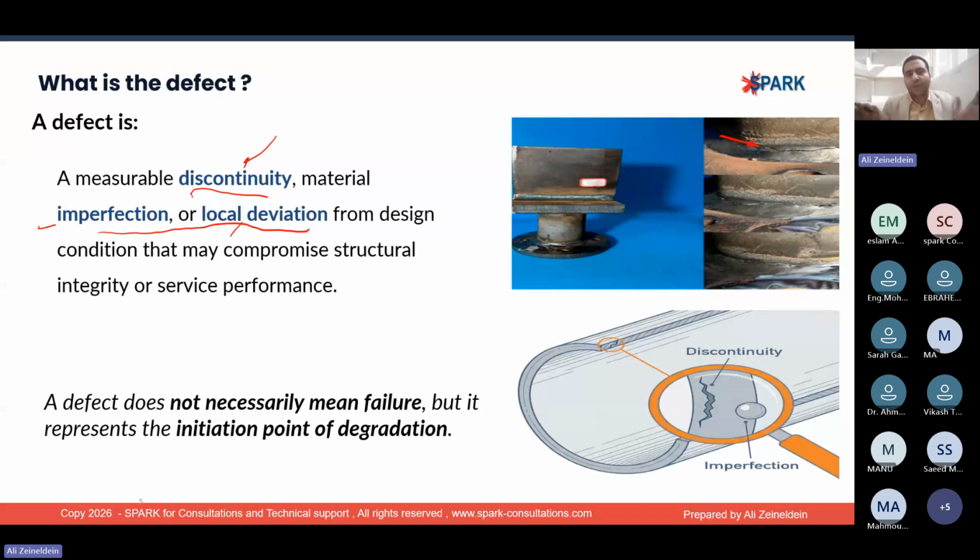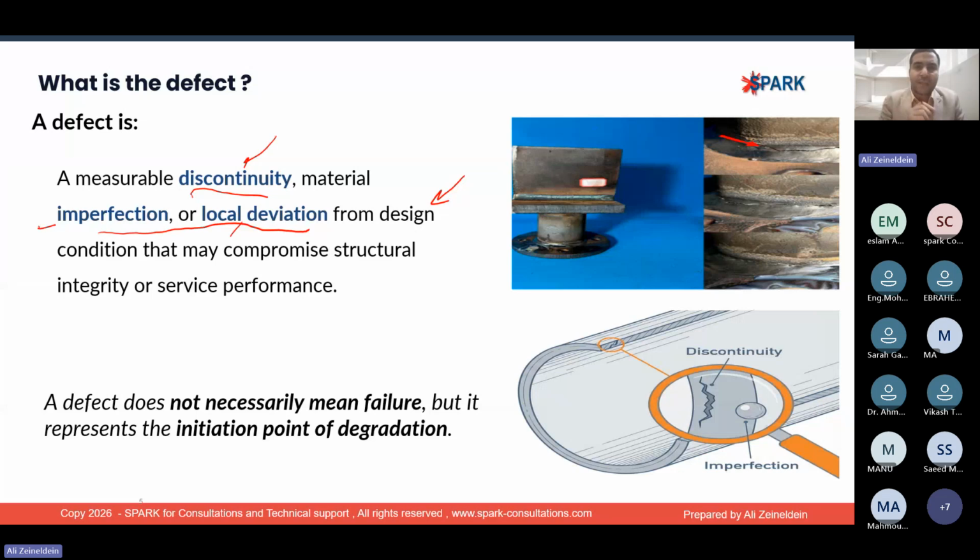Okay, so let us agree that a defect is considered a discontinuity or imperfection that comes from different reasons. It could come from design conditions, or we can discuss other causes of defects.